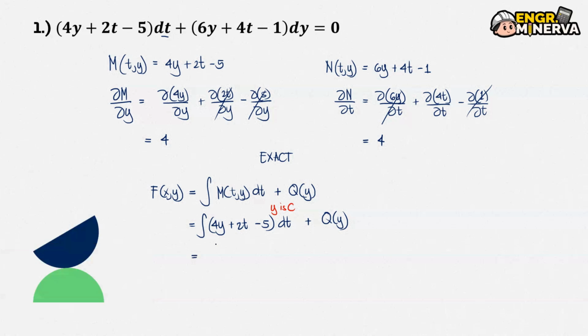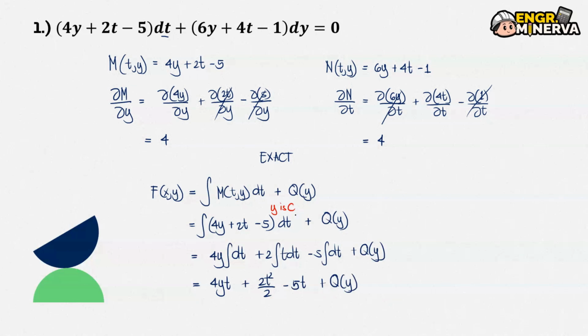So we can factor out 4y integral of dt plus 2 integral of t dt minus 5 integral of dt plus a function of y. That would be 4yt + 2t squared over 2 - 5t plus a function of y. And that would be 4yt + t squared - 5t plus a function of y.